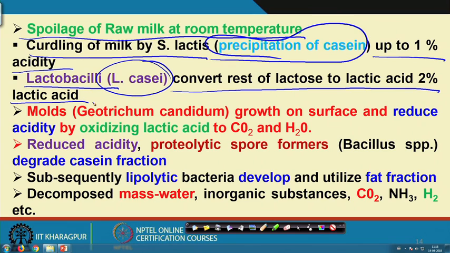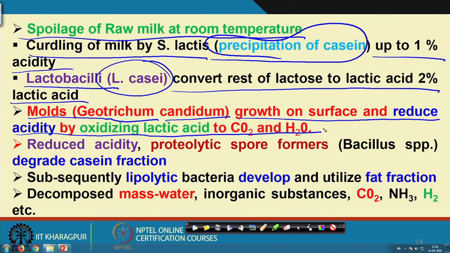Molds, generally Geotrichum candidum, grow on the surface and reduce acidity by oxidizing lactic acid to carbon dioxide and water. So, one organism produces one food, which is utilized by another, producing another, in chains.